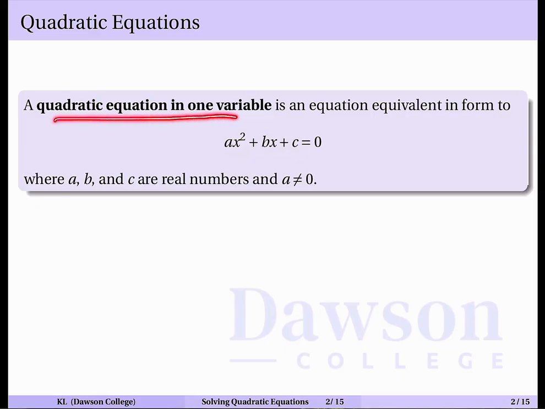This is an equation equivalent in form to ax squared plus bx plus c equals 0, where a, b, and c are real numbers and a is not equal to 0.